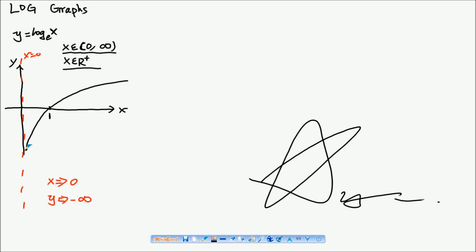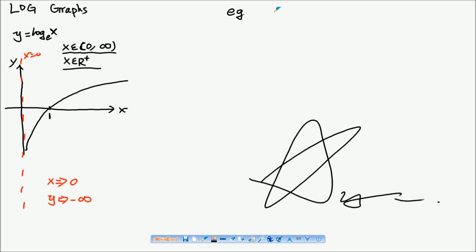Again, knowing the standard log graph, you can sketch any log graph by using transformation. Now I'll do some examples on graph sketching.